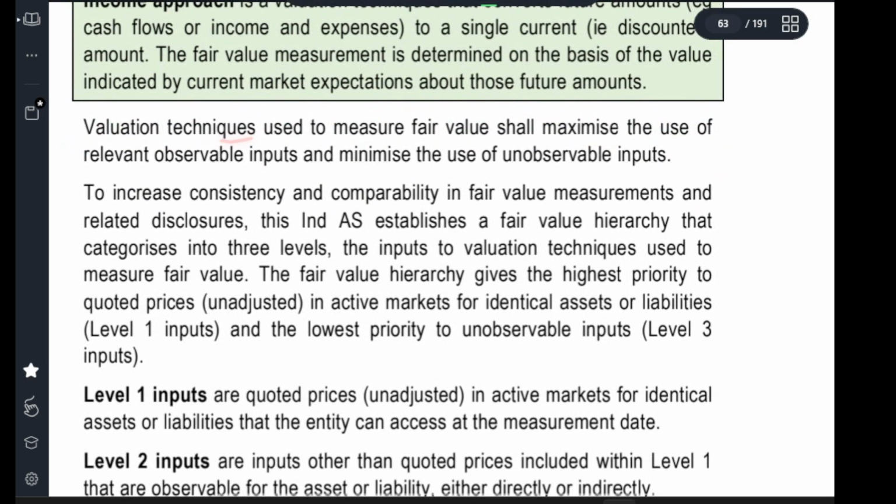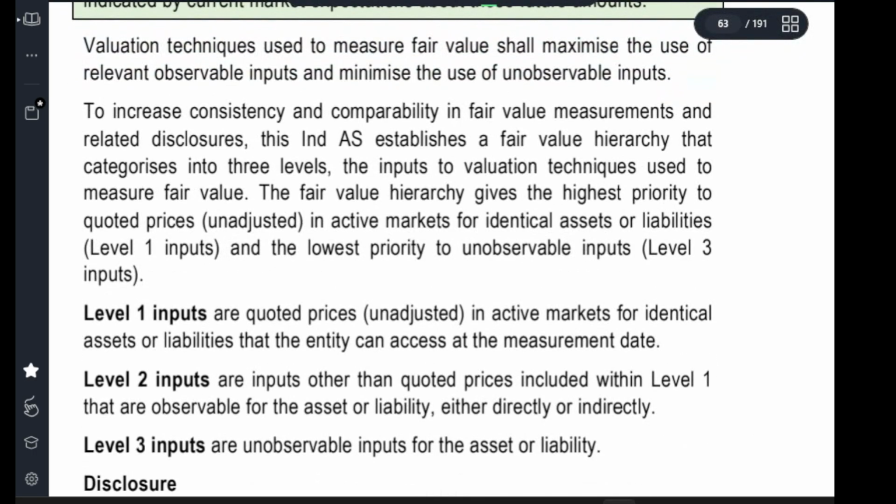The valuation technique used to measure the fair value shall maximize the use of relevant observable inputs and minimize the use of unobservable inputs. So whatever valuation technique we use, it should maximize observable inputs, and sometimes some unobservable inputs we don't need, so we can minimize those.